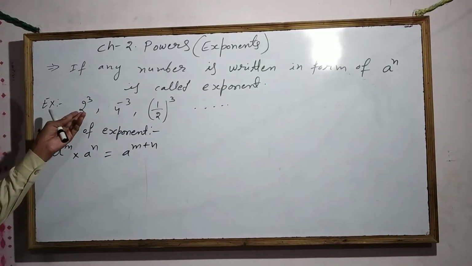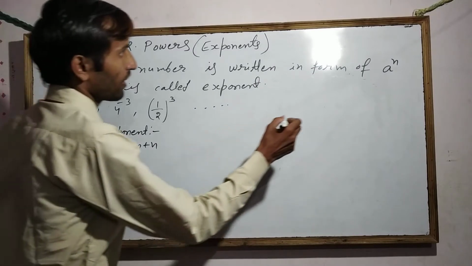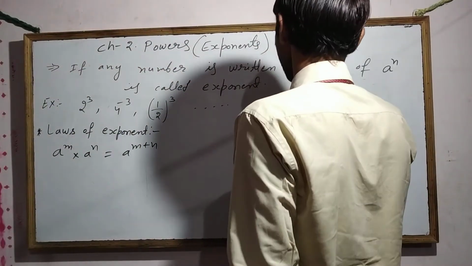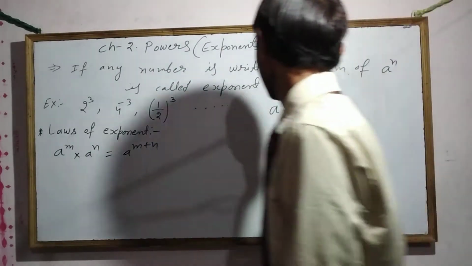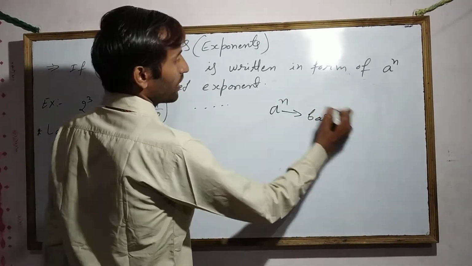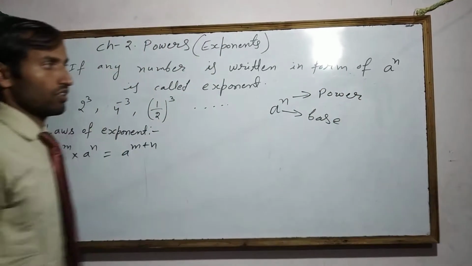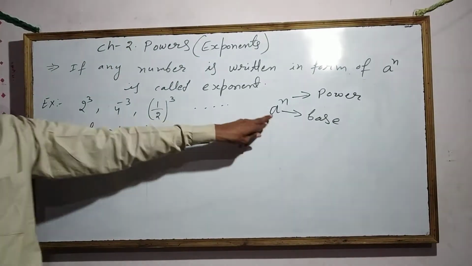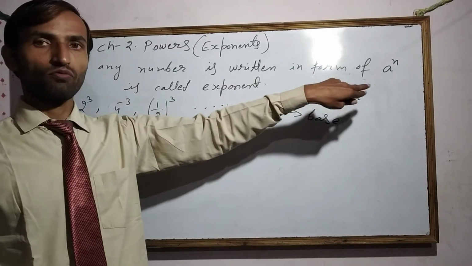Here 2 is called the base and 3 is called the power. So in a^n, a is called the base and n is called the power. The lower part is the base and the upper part is the power.